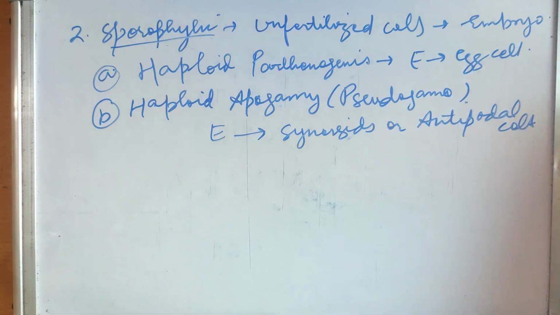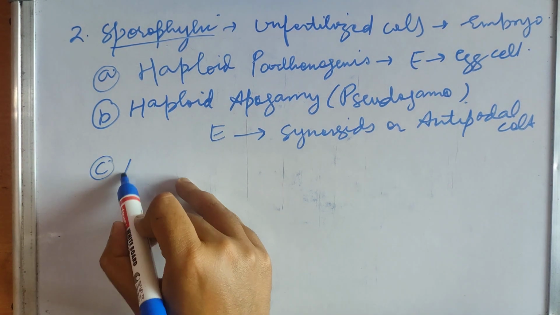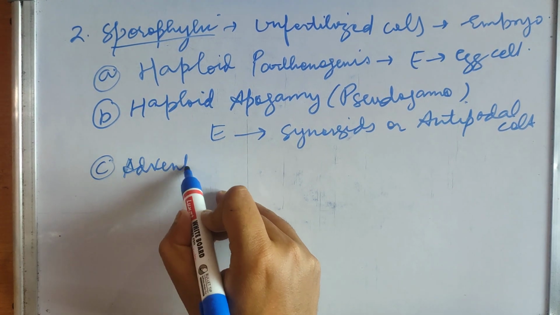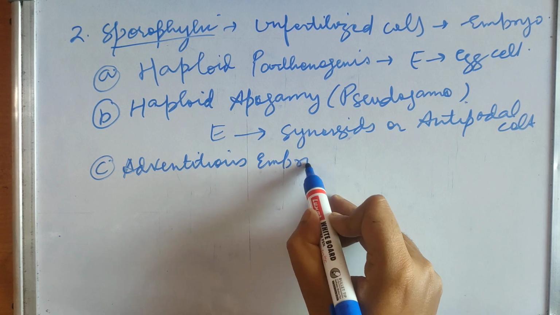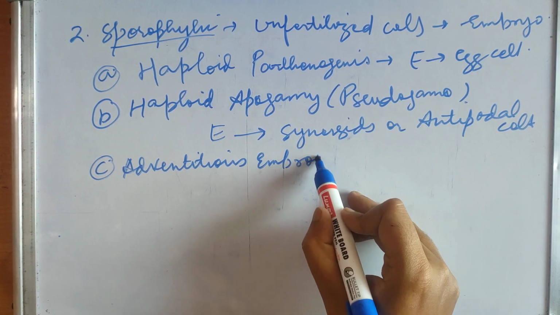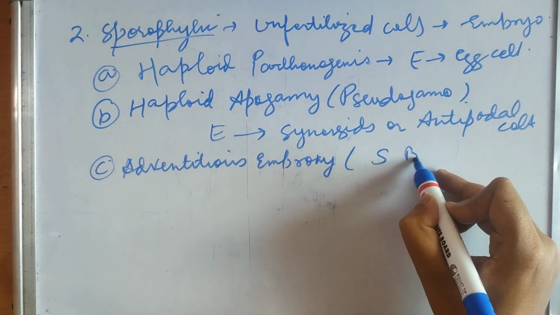The third one is adventitious embryony. It is also known as sporophytic budding.